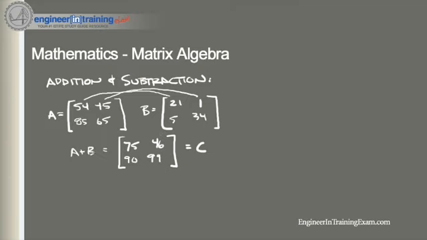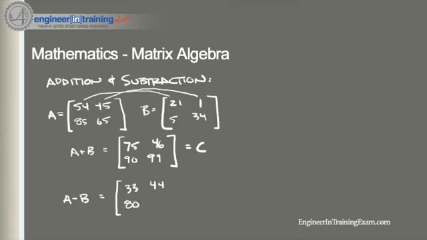Now what about subtraction? A minus B. Again, we're going to get a matrix. A and B have to have the same order. And all we need to do is subtract each corresponding element. So it's 54 minus 21, which gives us 33. 45 minus 1 is 44. 85 minus 5 is 80.